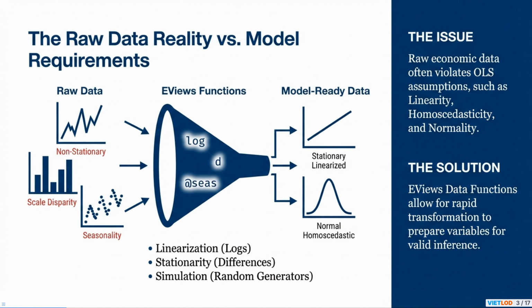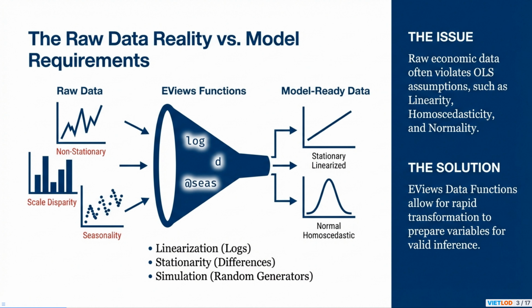These characteristics frequently violate the fundamental assumptions of ordinary least squares, or OLS, regressions, specifically linearity, homoskedasticity, and normality. If we use raw data that violates these assumptions, our model's inferences can be misleading or invalid. The good news is that EViews provides a powerful set of data functions, depicted as a funnel in the center.